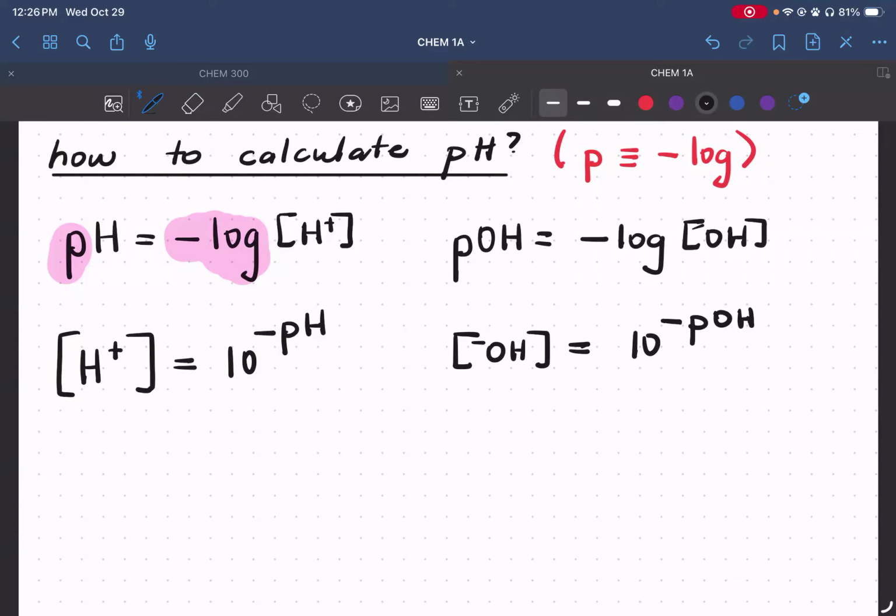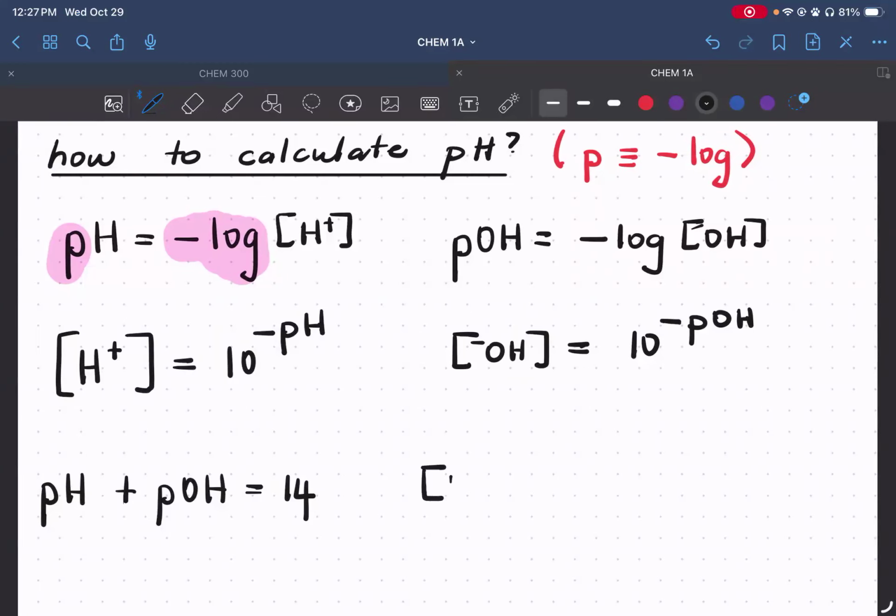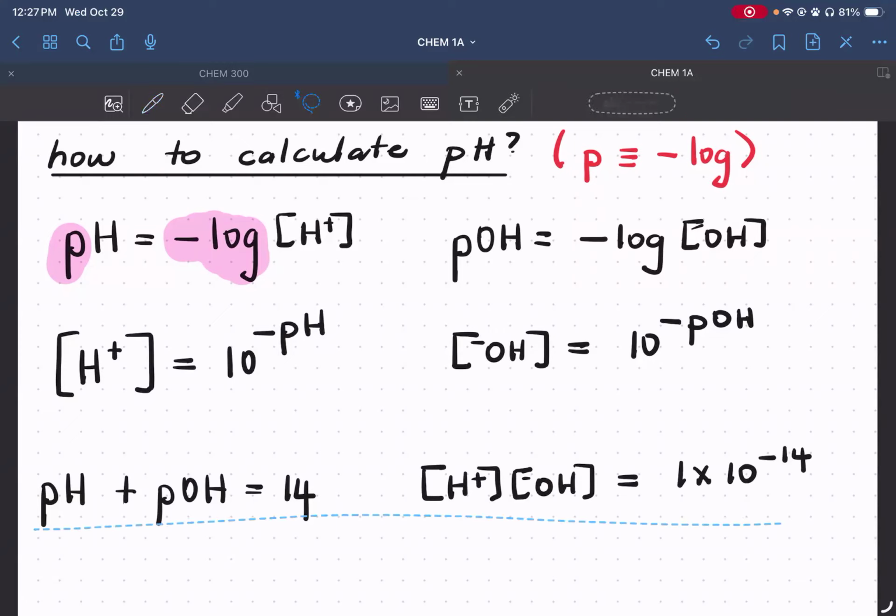Two more useful formulae to know, which is that the sum of pH and pOH will be equal to 14. And the product of the H plus concentration and the OH concentration is equal to 1 times 10 to the negative 14.